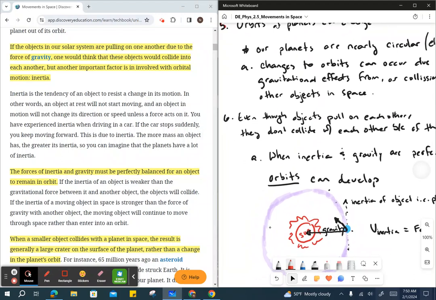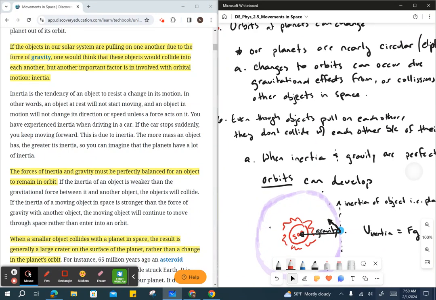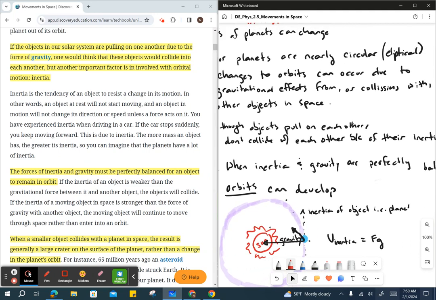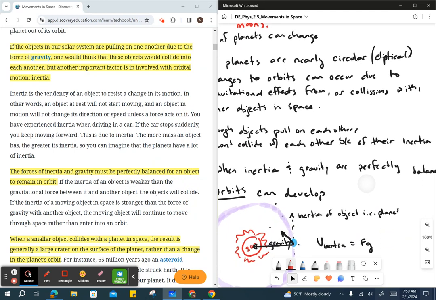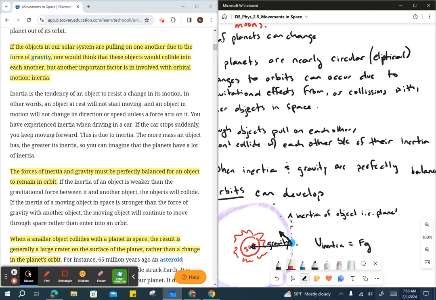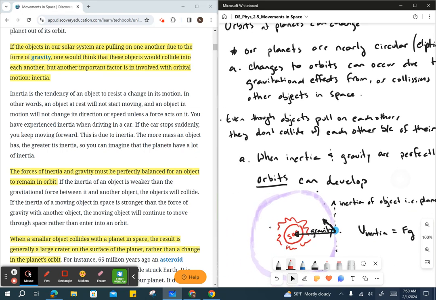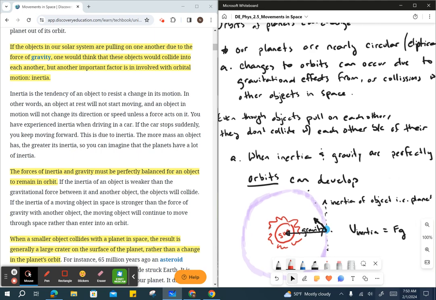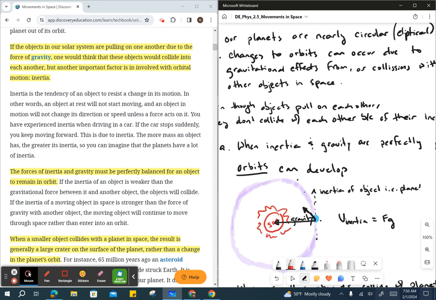Number 6 here, even though objects pull on Earth on each other, they don't collide with each other because of their inertia. Okay, that's a tendency for an object to remain in the motion that it's moving. When inertia and gravity, this is going to be small a, when inertia and gravity are perfectly balanced, orbits can develop.